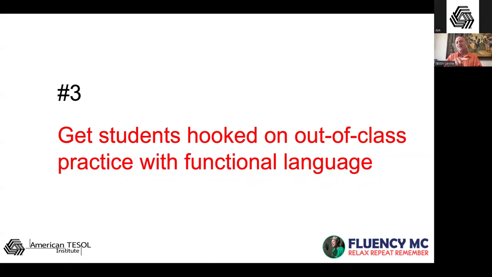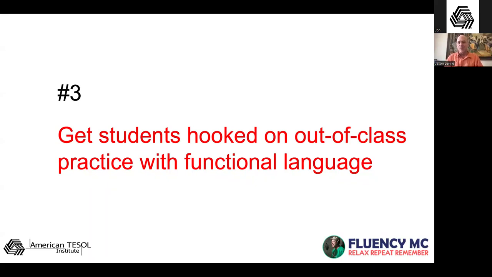So the flip side of that is the really critical thing. Imagine they have a great book, a great syllabus, or you planned some amazing activities with them. But out of the classroom, they're not getting practice with the functional language to be able to remember it. Probably not going to work very well.